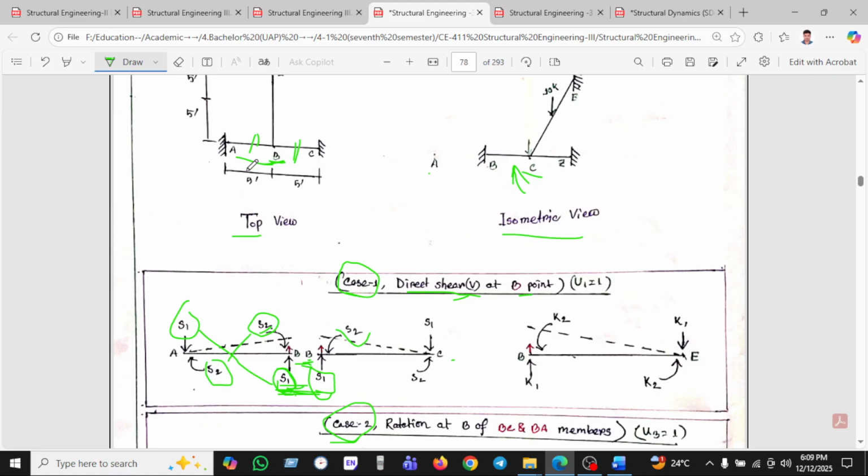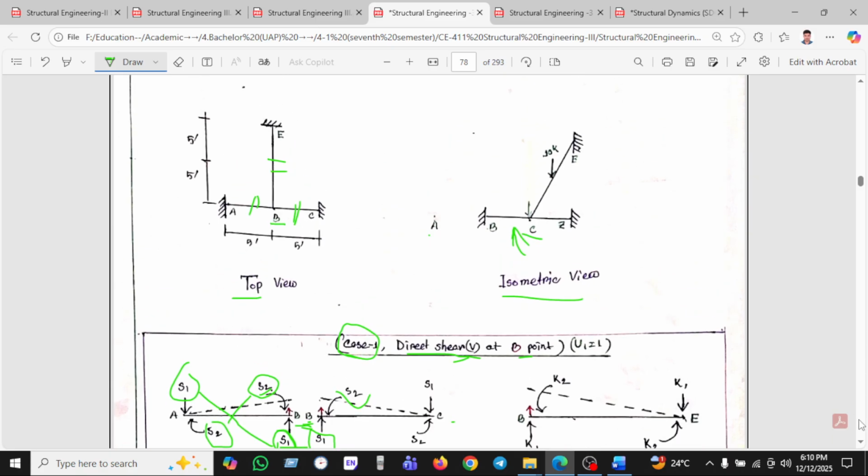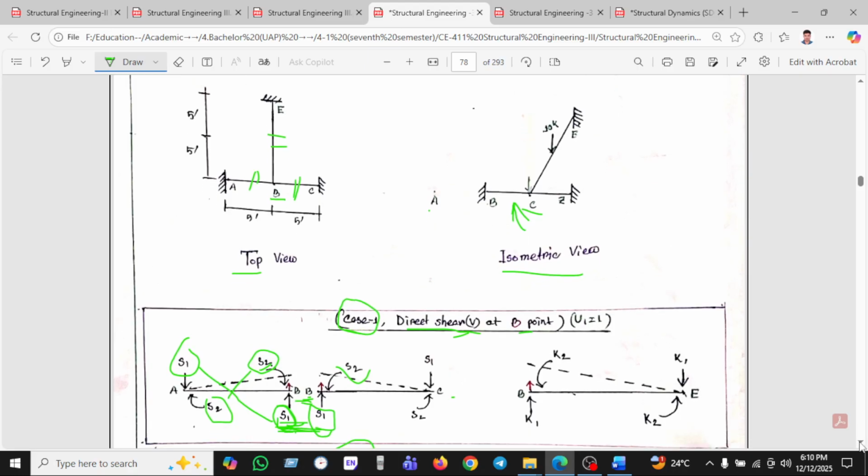Okay, so these two members are done. Now we are calculating member BE. What will happen in member BE? It will also go upward, as we are using shear, not torsion or rotation. So it will go upward with K1.